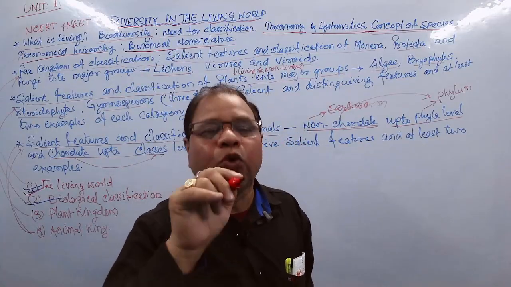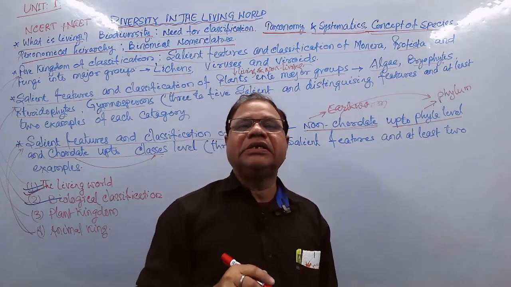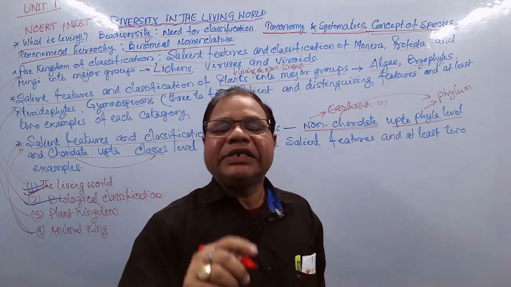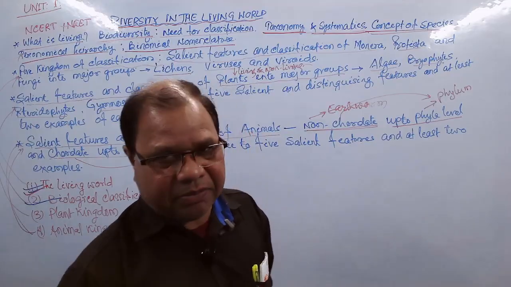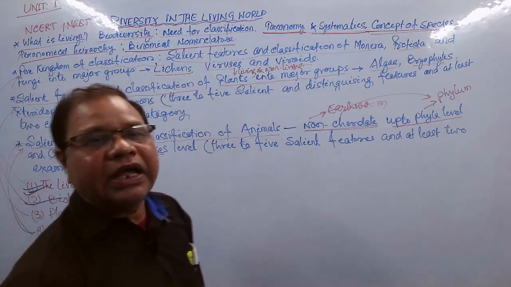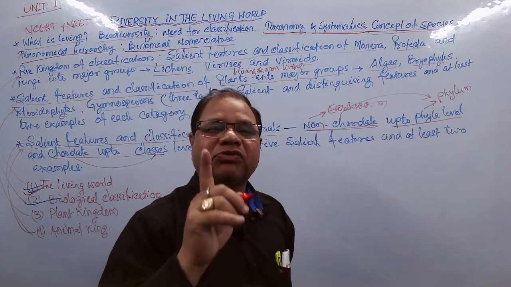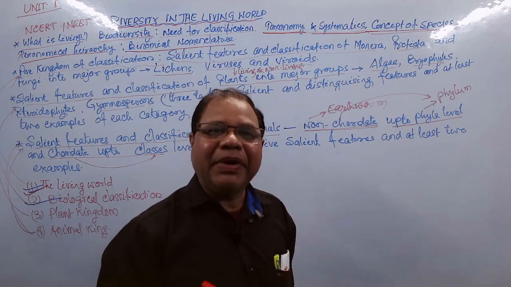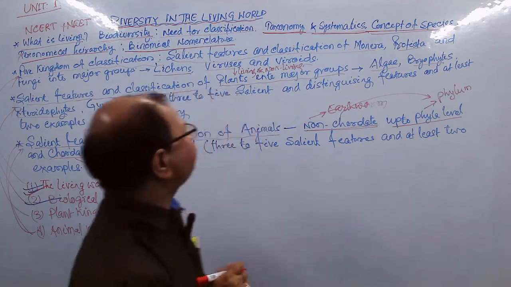Plants have two names. The first name is the generic name and the second one is the specific name. Okay, dear students, in the same way, in animals, the first one is the generic name and the second one is the specific name.